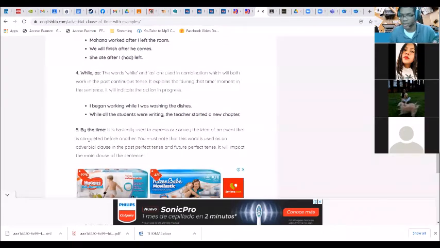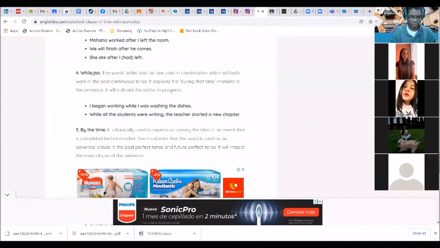Number 4, Vanessa, Joanna, while or as. Yes, teacher. The words while and as are used in combination which will both work in the past continuous tense. It explains the during that time moment in the sentence.